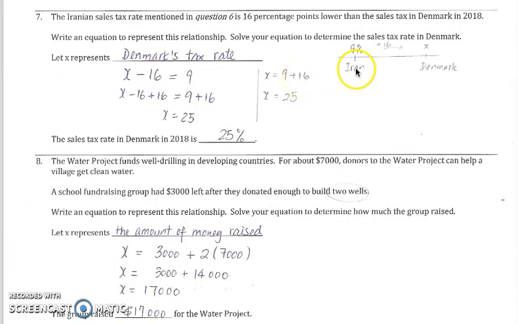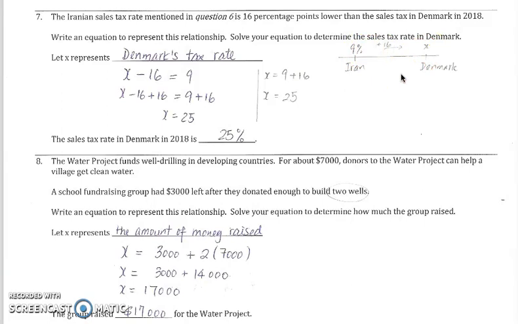We are comparing Iran's tax rate to Denmark's tax rate. So Iran's tax rate is 9%, and we're told in the question that 9% is 16 percentage points lower than Denmark. So if we let x be Denmark's tax rate, it will sit somewhere on the right, and it is 16 percentage points higher than 9%.